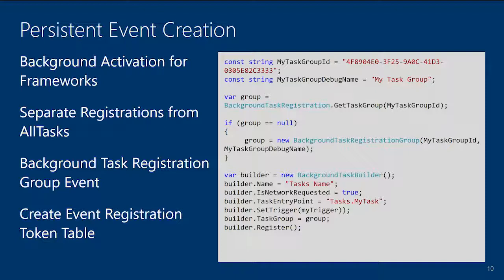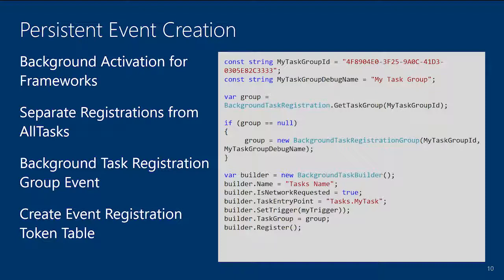And that background task registration group is just added when you use Background Task Builder, and you do all of the normal things that you would do with Background Task Builder: set the entry point, define what the task name is, set the trigger, and then identify that network was requested while you're running, and hit register.